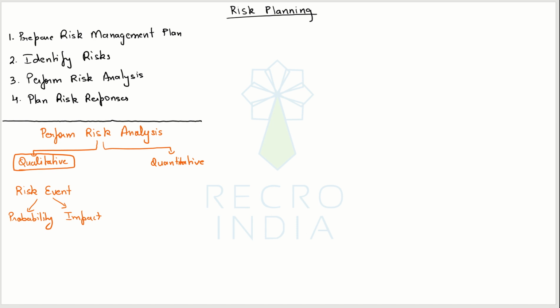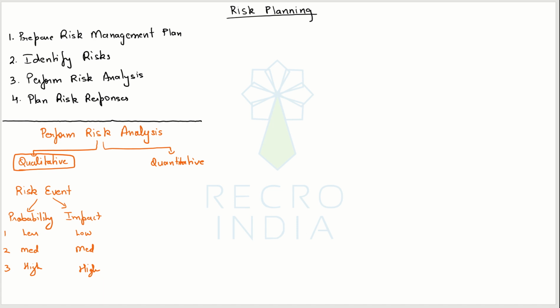When it comes to probability, 1 means less chances of happening, 2 means medium chances of happening, and 3 means high possibility of that happening. Impact on the same lines: 1 means low impact, 2 means medium impact, and 3 means high impact.